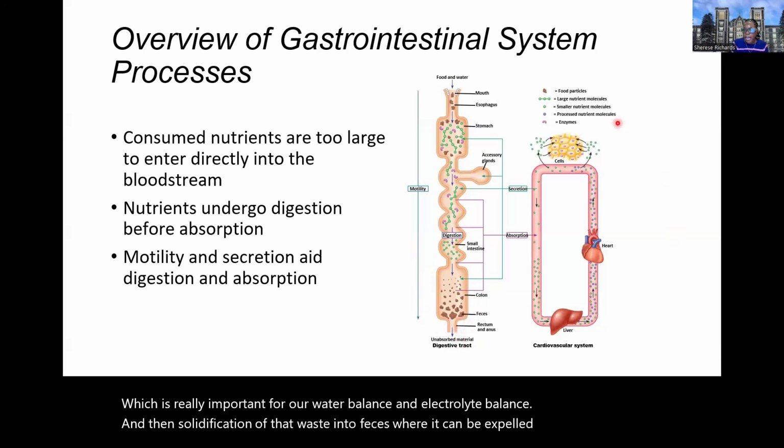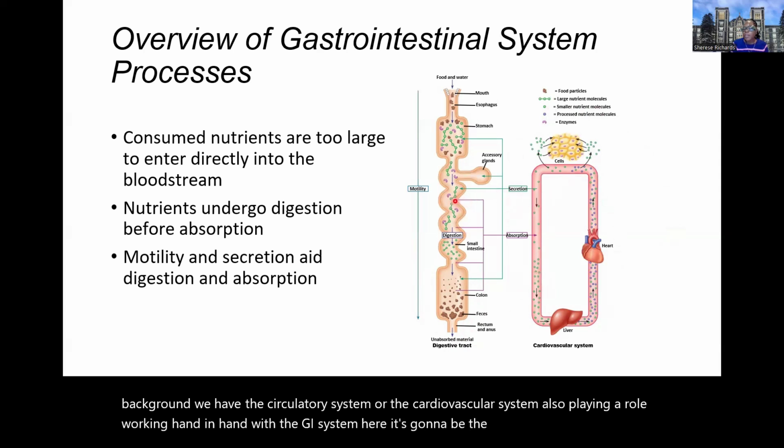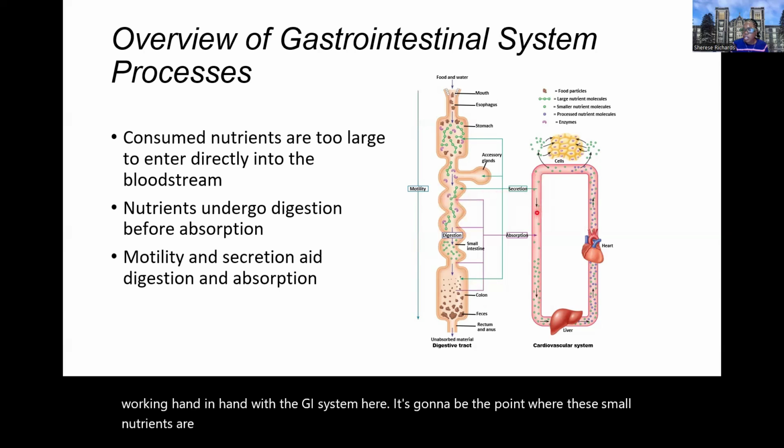So also notice in the background, we have the circulatory system or the cardiovascular system also playing a role, working hand in hand with the GI system here. It's going to be the point where these small nutrients are absorbed across the lumen of the GI tract and into the blood.